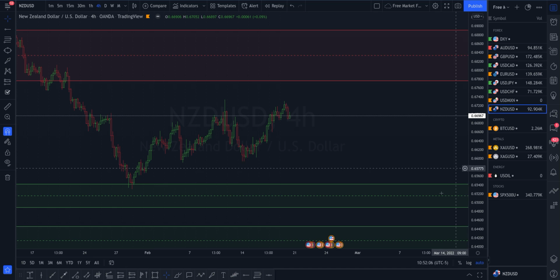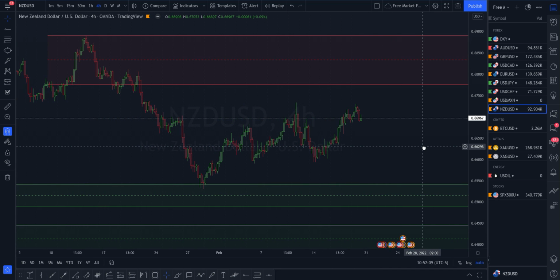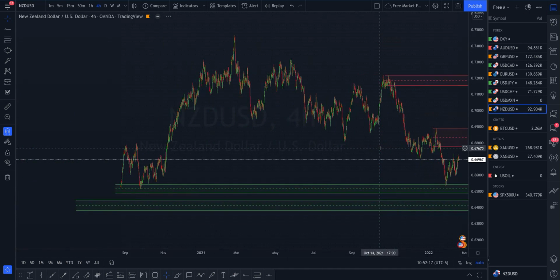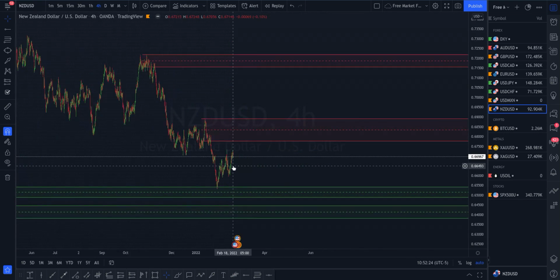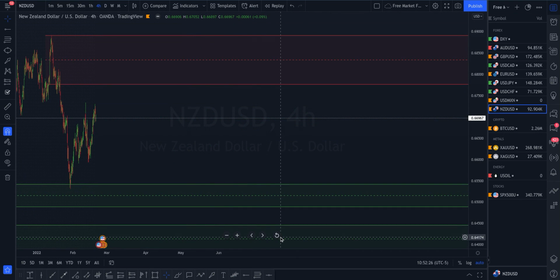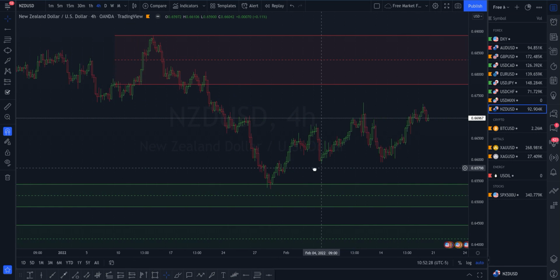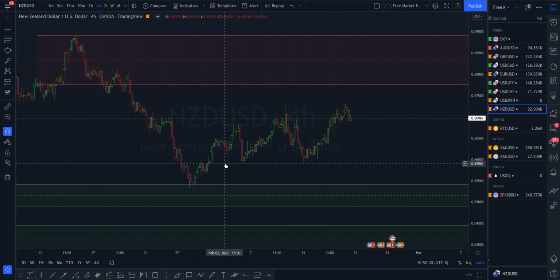Okay. All right. Moving on to the NZD USD. The institutional bias for this is a consolidation. So let's take a look at the 4-hour structure. Most recent leg, we have been on a downtrend. We've had a low.